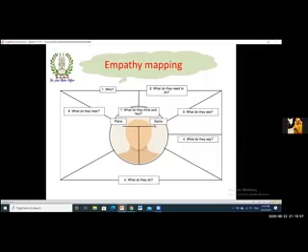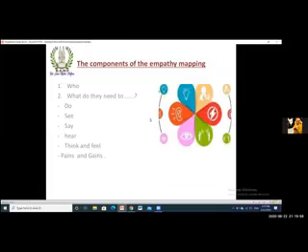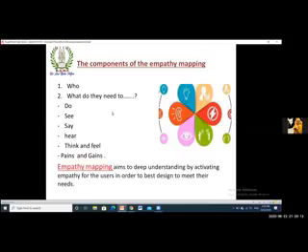Okay, let's explain it in this slide. Who, the user or the student. What do they need to do? Their goal, their achievements. What do they see in their life, in their environment?